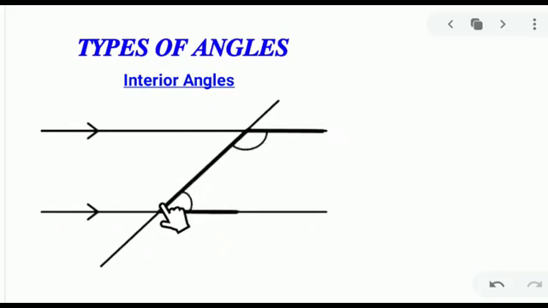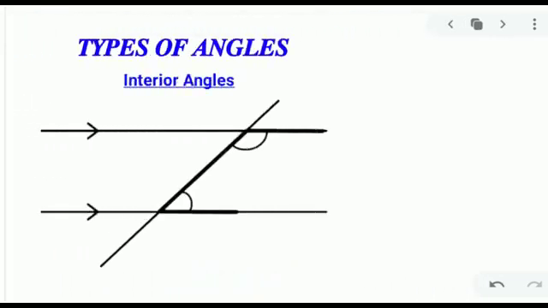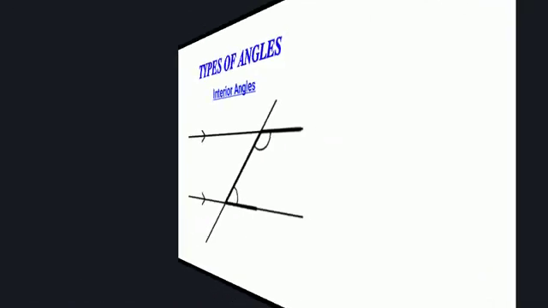Similarly, this angle and this angle are not equal, but they add up to 180 degrees. A way to recognize them is that they are forming a C. And inside that C are the interior angles. These interior angles will add up to 180 degrees. Now, let's move on and practice these learnings in some questions.